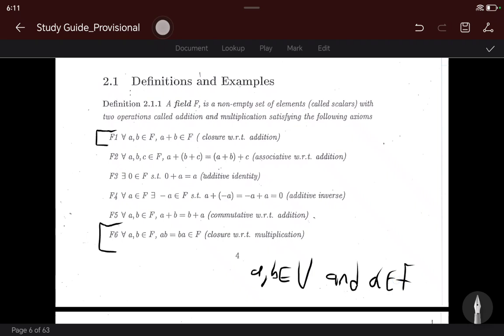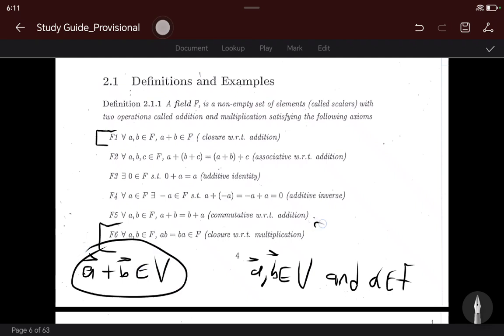Then you can apply this. Say A plus B is an element of V. This one will be under addition.